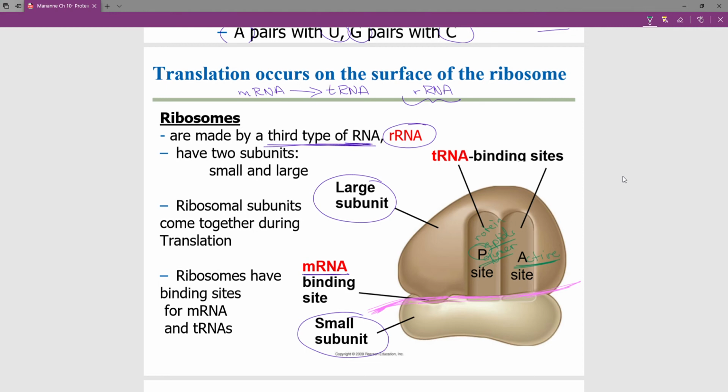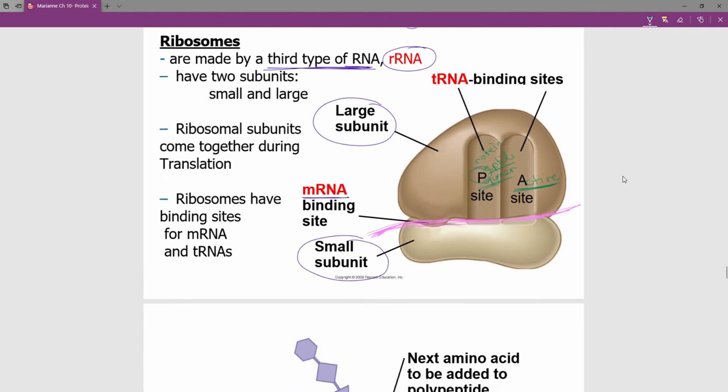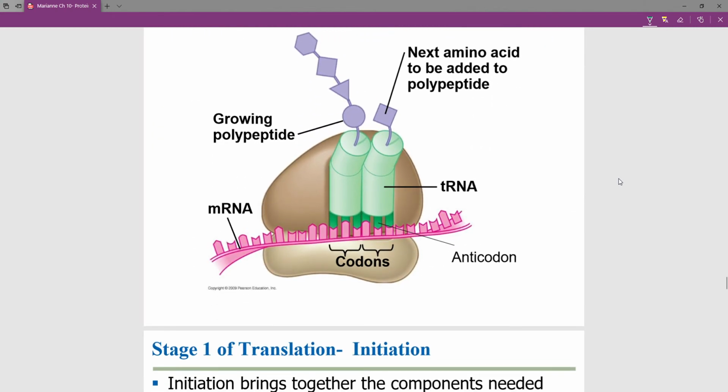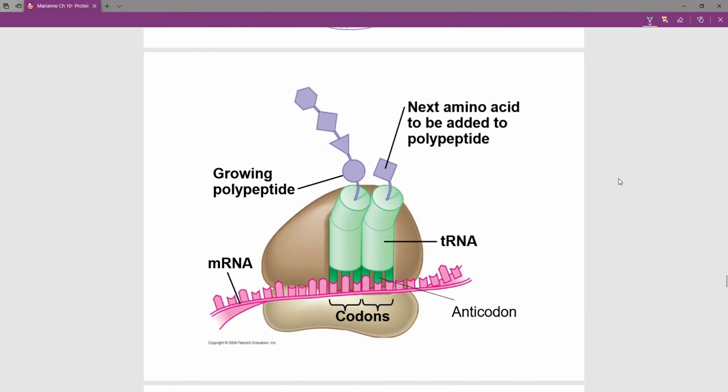So we have an introduction to transfer RNA. We have an introduction to our ribosomes with its small and large subunit and the active and the polymer protein or polypeptide site, the P site. And now we need to really understand how this all comes together. This is an image trying to illustrate how they all come together.